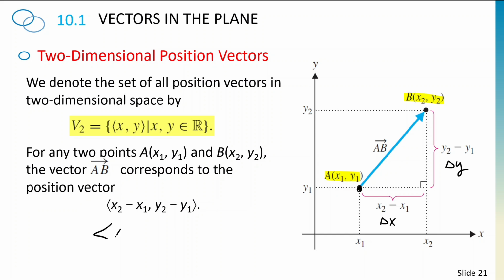And always follow the vector as it's given: it's given as AB, so I need to subtract B minus A. If the vector is AB, you need to subtract the point B minus the point A. Always terminal minus initial.